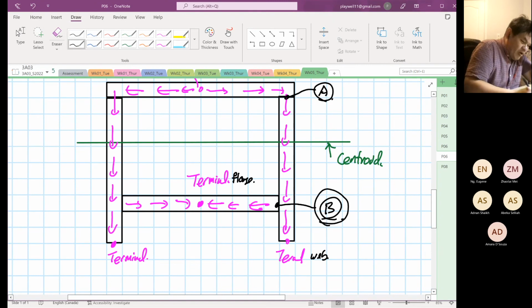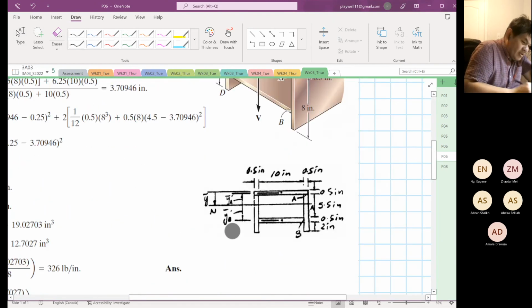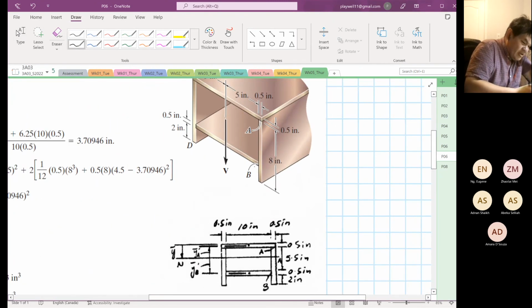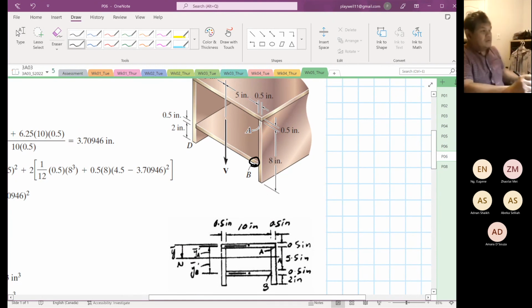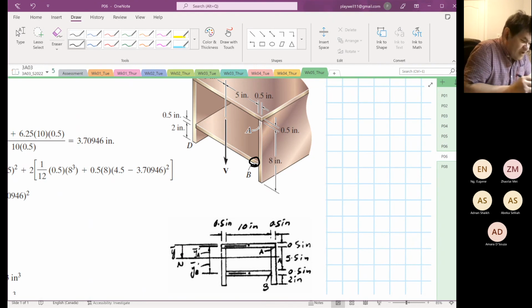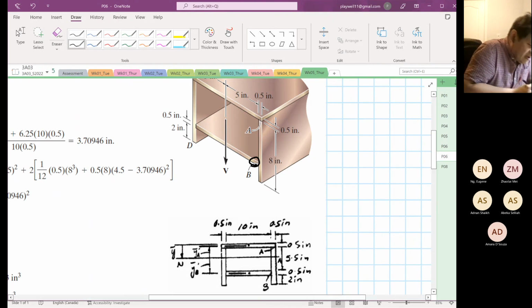If you look at point B, point B is more taking of the terminal of the flange, right? Why the flange? Because it is the member over here.